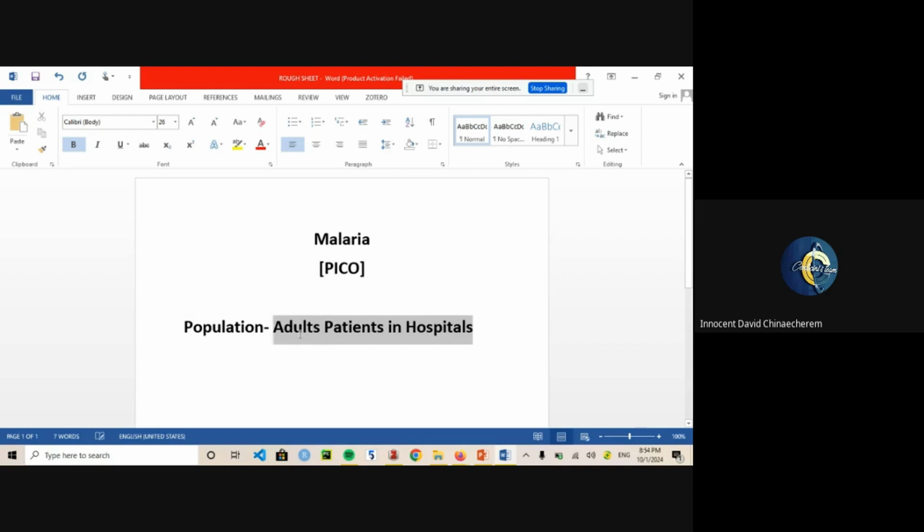It could also be that I want to focus on HIV positive women aged 20 and above. Or I want to focus on teenagers in SSA. By SSA, I mean Sub-Saharan Africa.